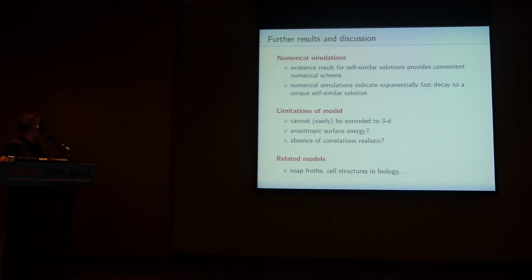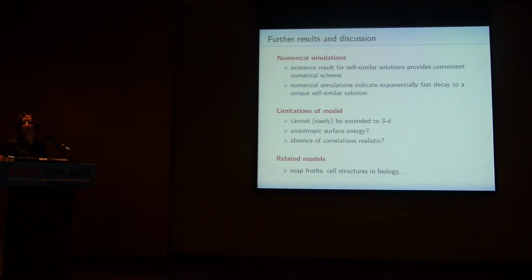So I just want to briefly show you this model, and I also have to mention the limitations of this model for grain growth. It relies heavily on the von Neumann-Mullins law, which is only valid in 2 dimensions and for constant surface energy. For 3 dimensions there's something a bit related, but not really the same, so it's not clear.